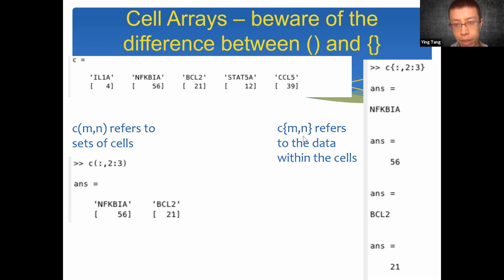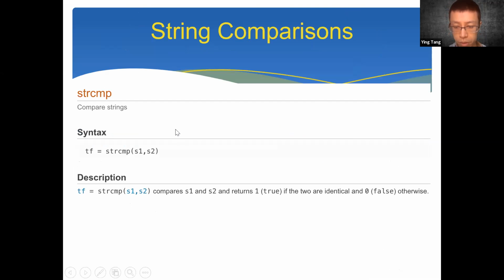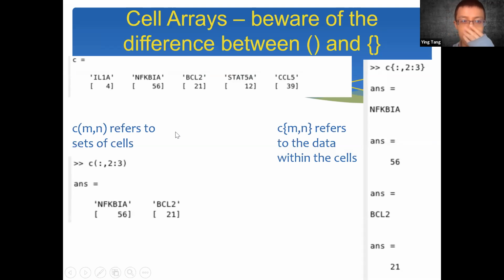If I use small bracket, it will not work because the small bracket will take out the subunit as a cell. It is not the data inside that unit. Did I make this clear? This is very important. This will be some of the questions in the final quiz.